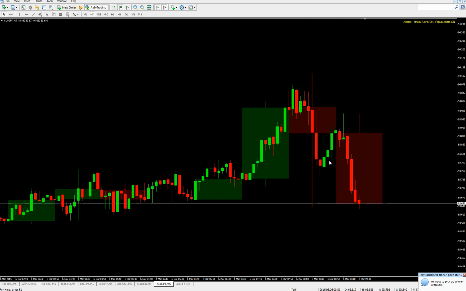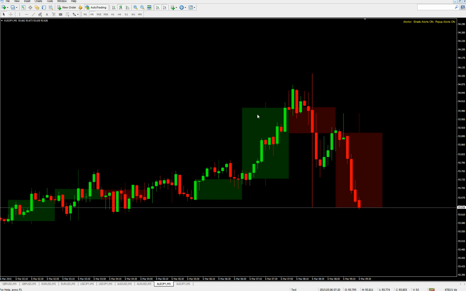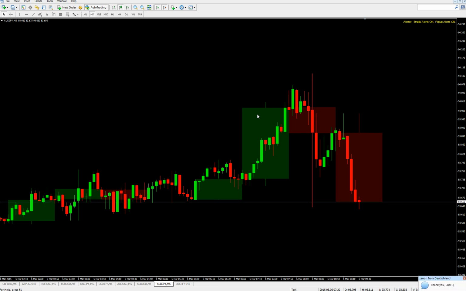Now, if I'm drawing a support and resist off a 1-hour candle or a 4-hour candle, that's a much stronger support and resist, and I would look at that as something that could be considered an institutional trading level. Because most institutional traders, banks, hedge funds, things like that, they're either doing high frequency trading, which can't even be charted because that's hundreds of trades a second, or they're most likely on a longer term chart like an hourly or a 4-hour.